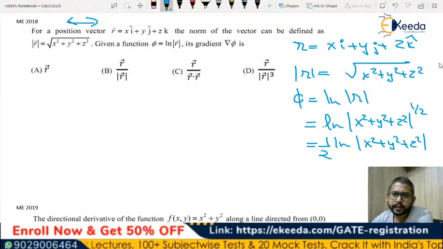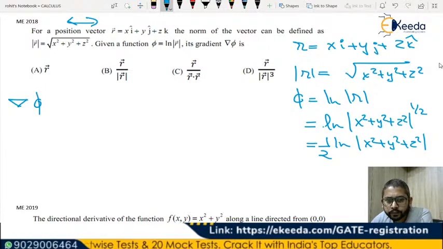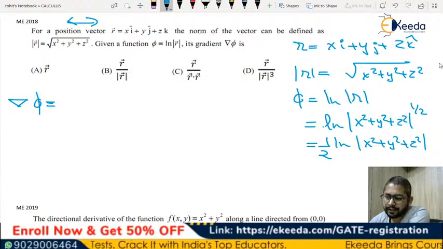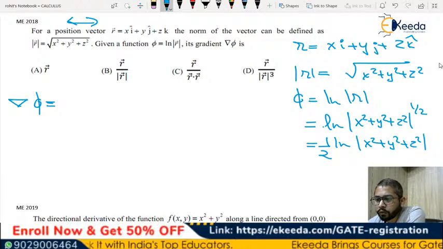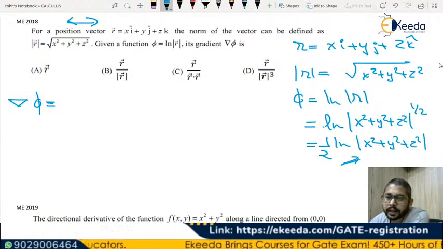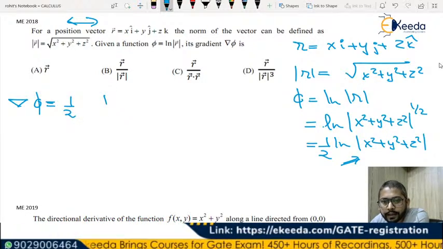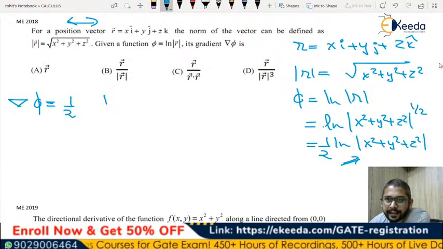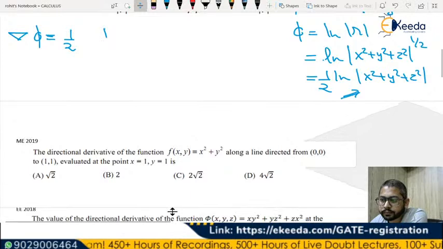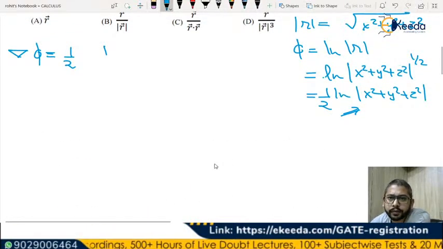Now what we can do is, we can find the gradient. Like we have already seen in the previous question, first we have to differentiate this term in terms of x. I'll need more space I think. Let me write here.